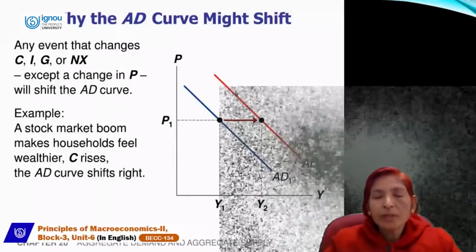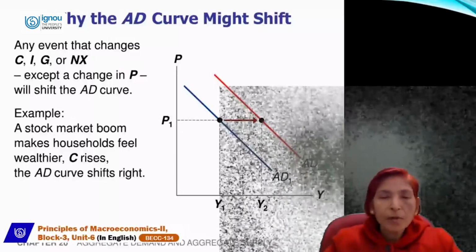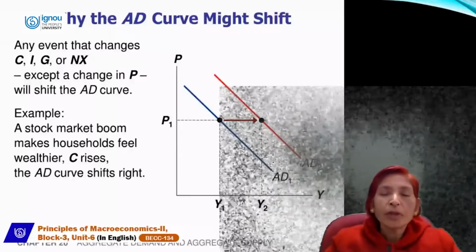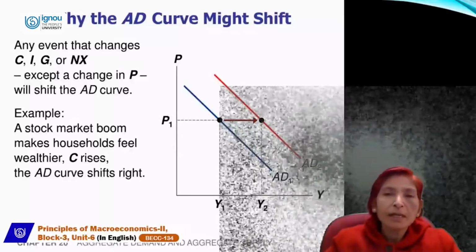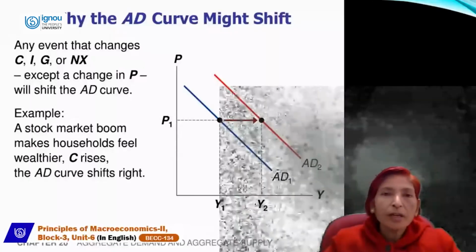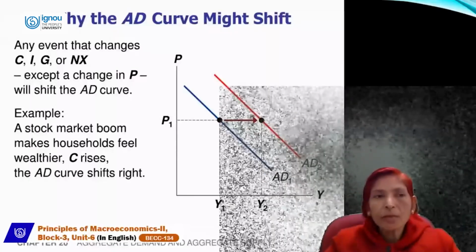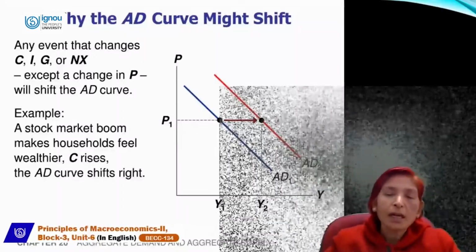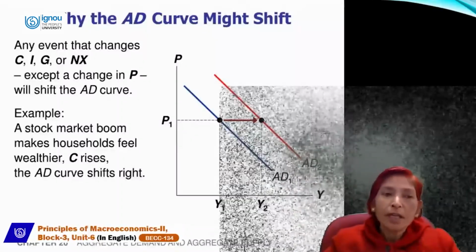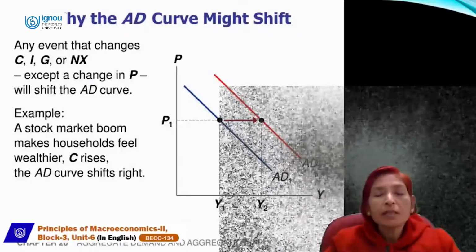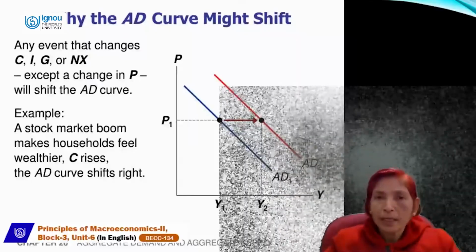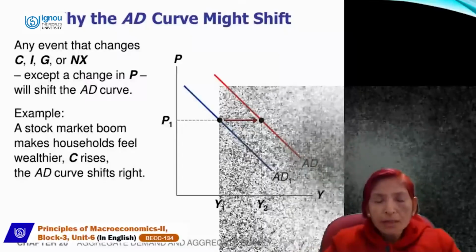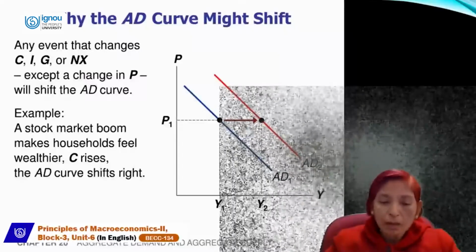If we are talking about only a two-sector economy, then we will take two components of aggregate demand, like C and I. If we are talking about a three-sector economy, then we will take three components, like C, I, and G. And if we take a four-sector economy, then C plus I plus G plus NX. These are the components of aggregate demand in a four-sector economy.